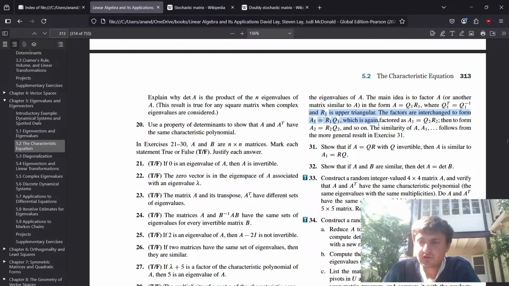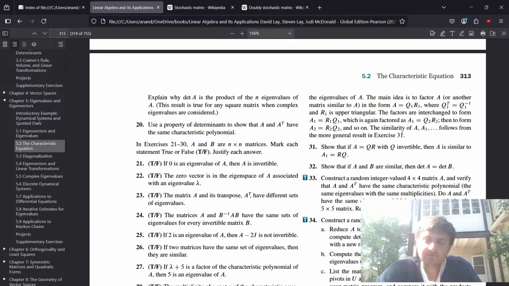And R1 is upper triangular. The factors are interchanged to form A1, which is equal to R1 times Q1, which is again factored, and so on. The similarity follows from a more general result.